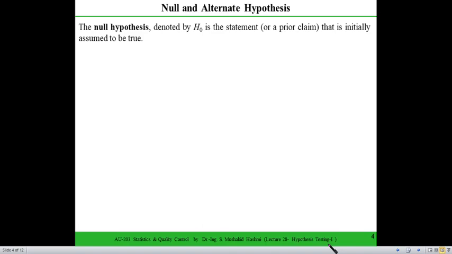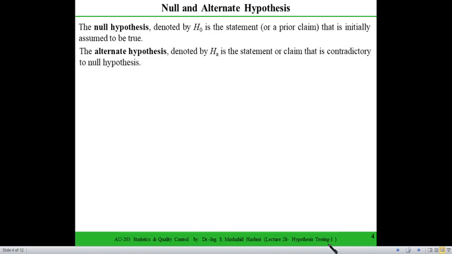That statement is called the null hypothesis, and hypothesis testing is a procedure of making a decision about whether the null hypothesis is correct or not, and that decision is made based on the sample evidence provided through sample data.